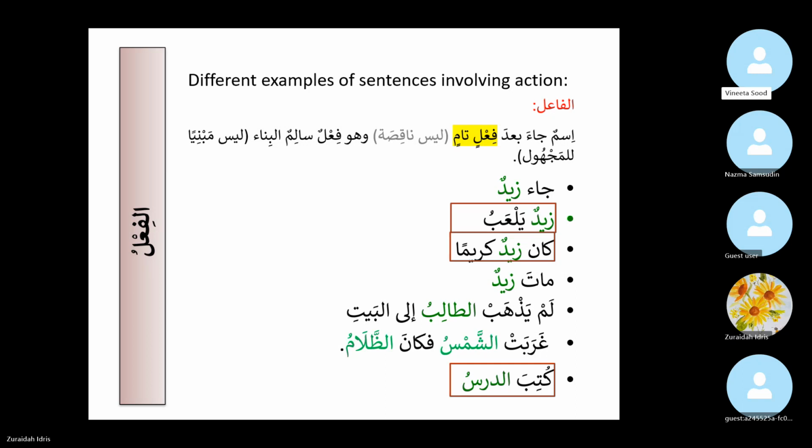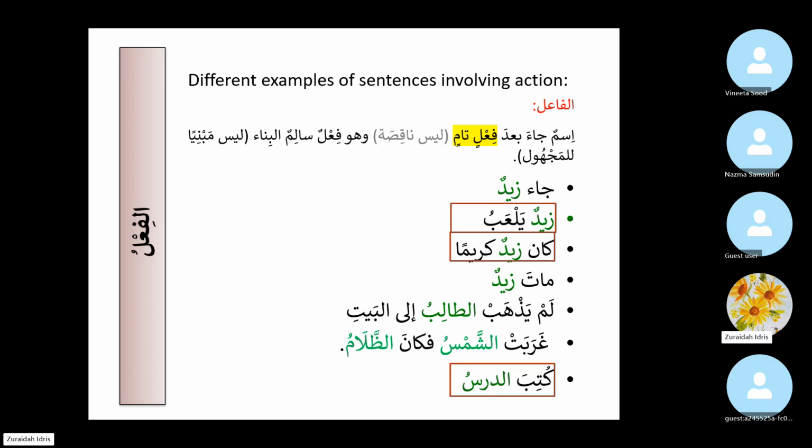Kun is a command, right? Yes, it's a command. So here the action is taking place, right? Yes, correct. So that question was actually a trick question. Both kun and fayakun are both tam. They're both complete.